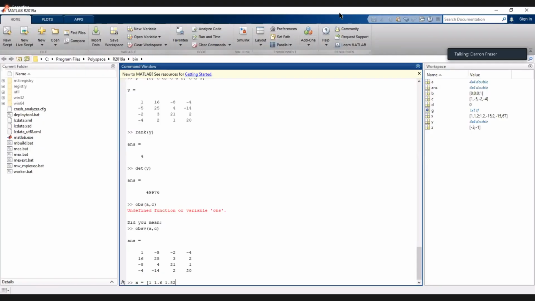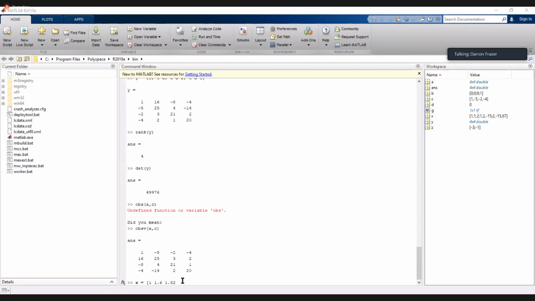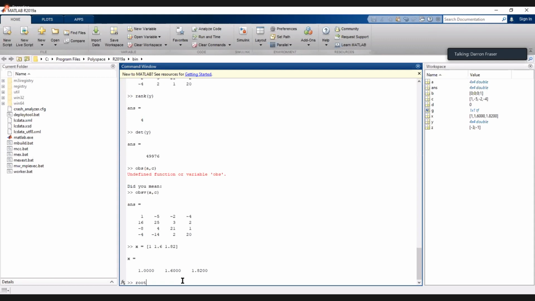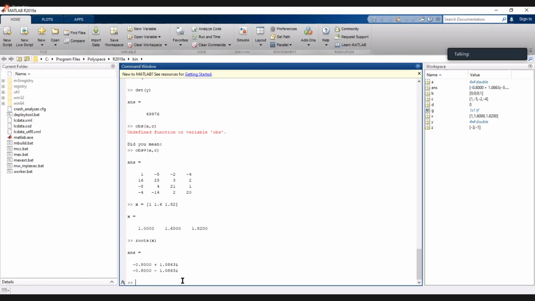Alright, close the bracket. And then we're going to set the roots of x, so we want to solve that equation for the roots of x. The roots of x are negative 0.8 plus or minus. Remember now, it's a 3 by 3 situation we have.